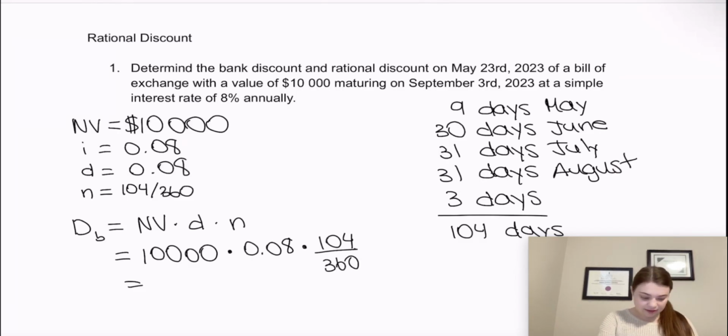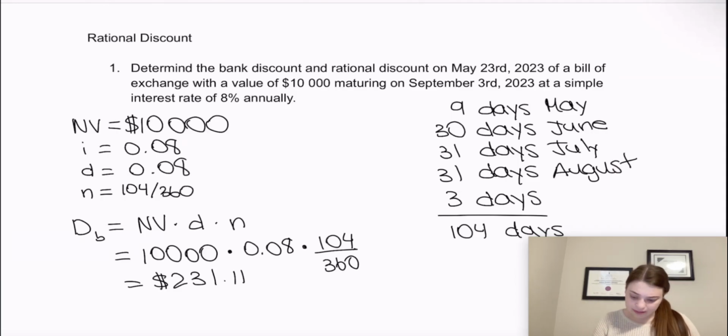And let's grab a calculator. 104 over 360 times 0.08 times 10,000 is $231.11. So that is the answer for the bank discount there.